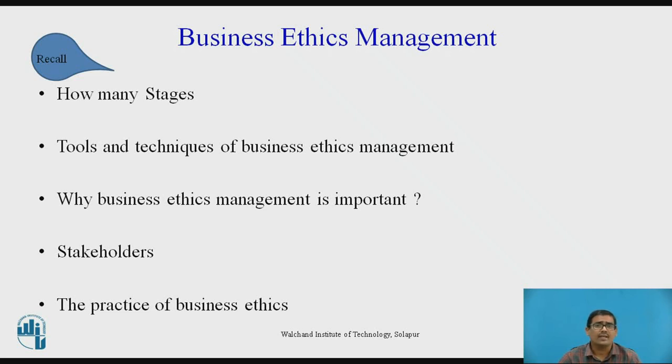Before we begin the topic, let us first understand why business ethics management is important. Business ethics, as we have seen from the previous discussion, has become so important for the smooth running of the business, and for the image or reputation management of the business in the minds of stakeholders at large.